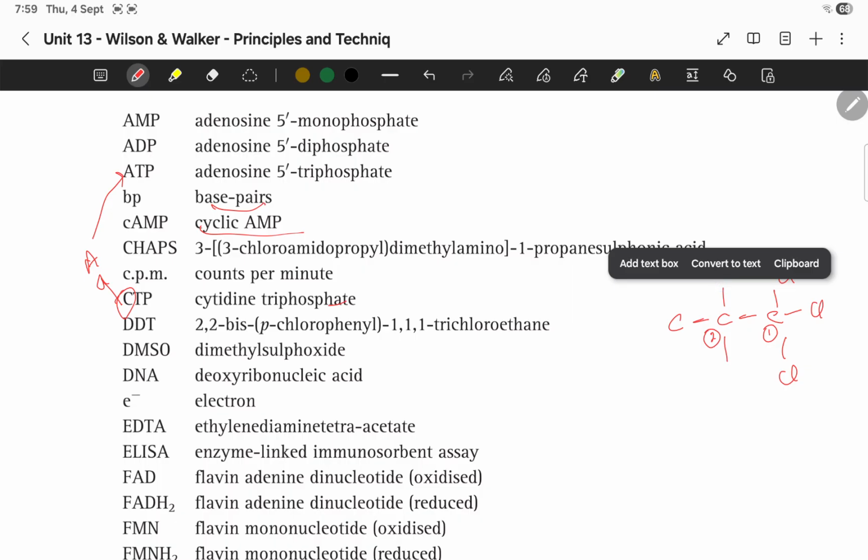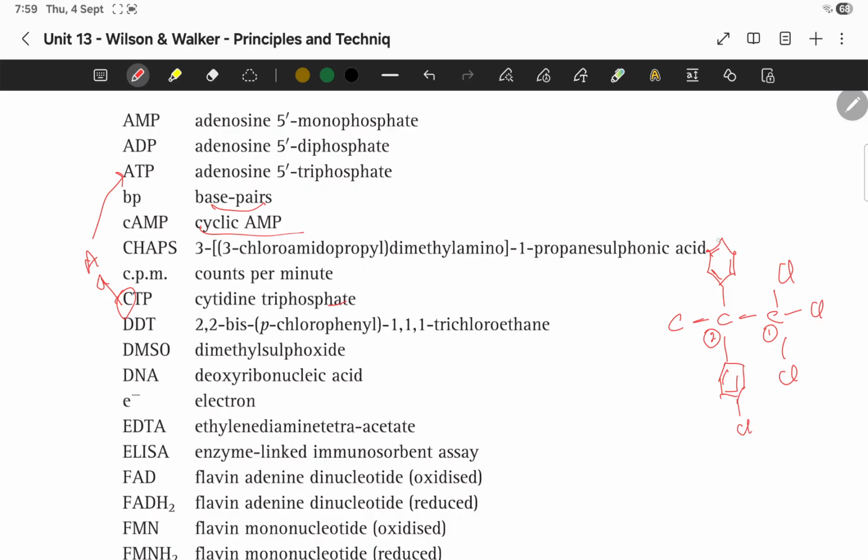I don't remember the phenyl. It will be like a benzene group, like this, and ortho, meta, para.